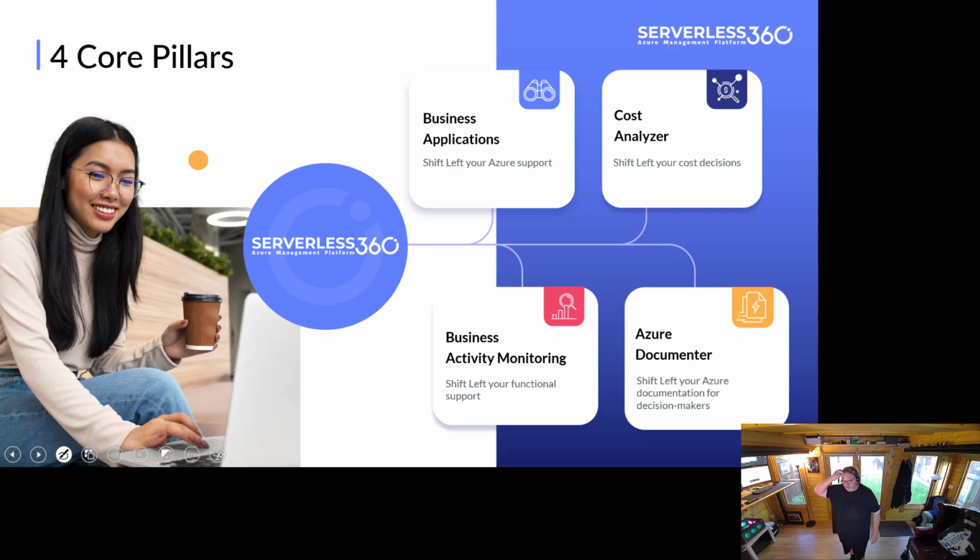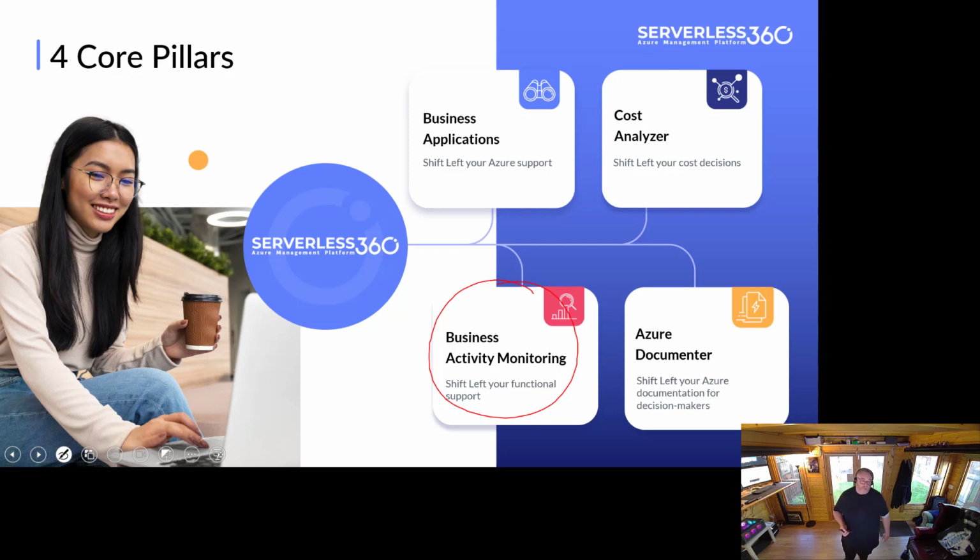We also have Cost Analyzer, where we're trying to help you build a cost-focused culture so that you can manage the money that you spend and try to be efficient. We have Documenter to generate documentation to help with governance and compliance requirements. And then today we're talking about Business Activity Monitoring, where we want to focus on managing the business function and the business process rather than just the technical components.